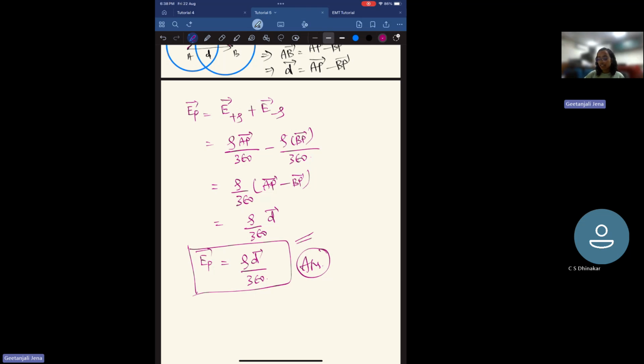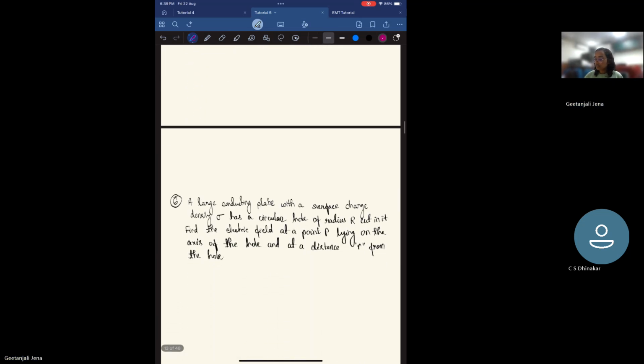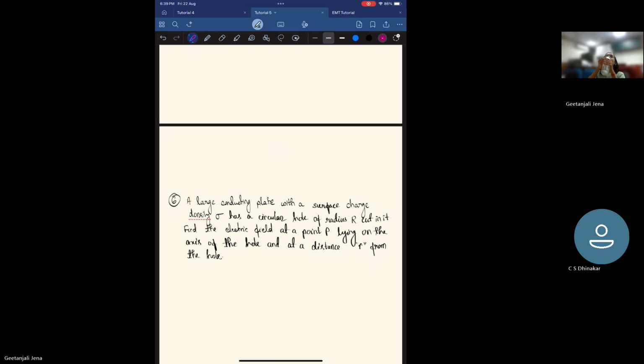We'll see how we can use the superposition principle to find the electric field. Let me first read out the question.